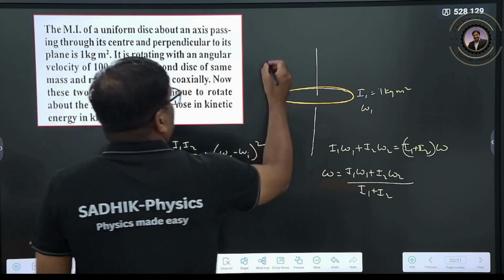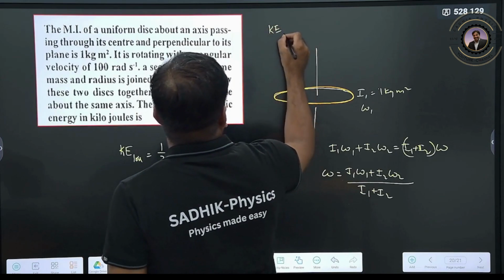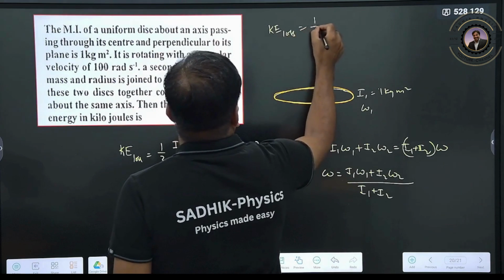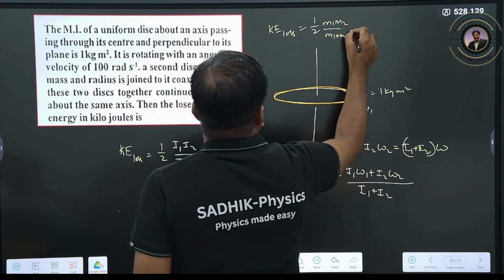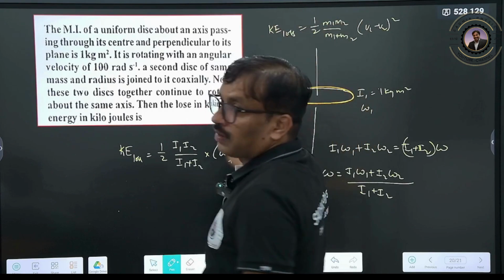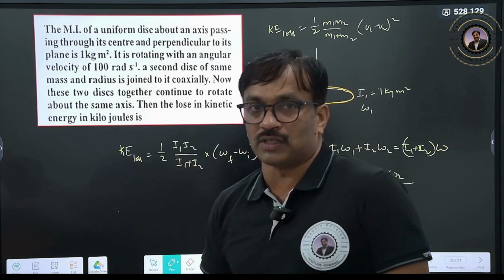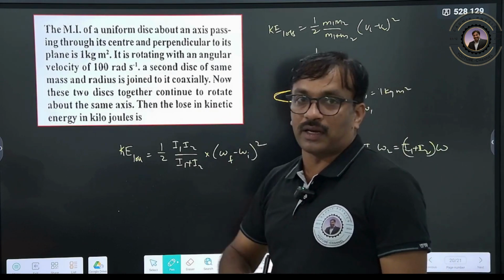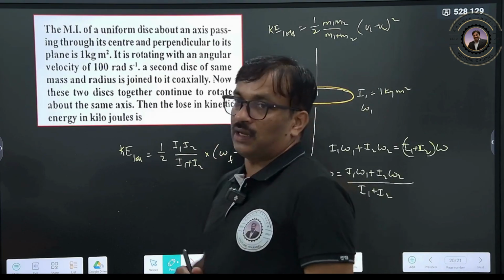You can use our collisions lesson on loss of kinetic energy. I also did one video on collisions, I will keep it in an iCard here. If you did not watch it, please watch it so that it will be very easy to solve.